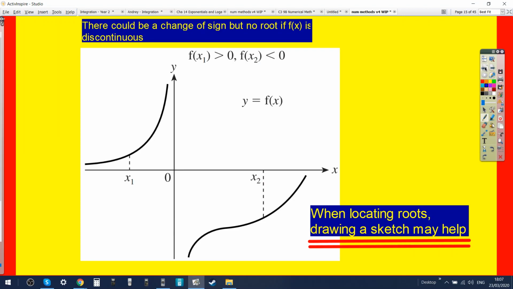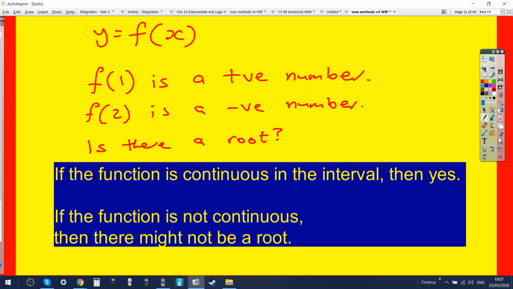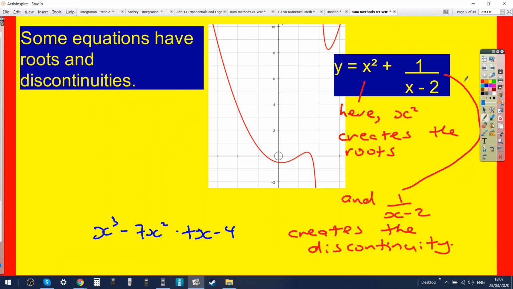So technically 1 over x could be continuous between, say, 3 and 4. Yes. So with this one, you can see how the function is continuous, let's say, when x is 1 or less, but discontinuous when x is 2.